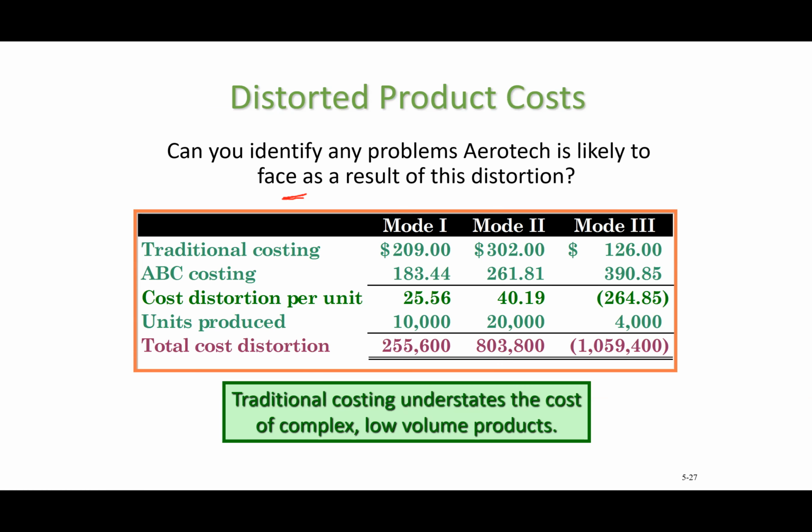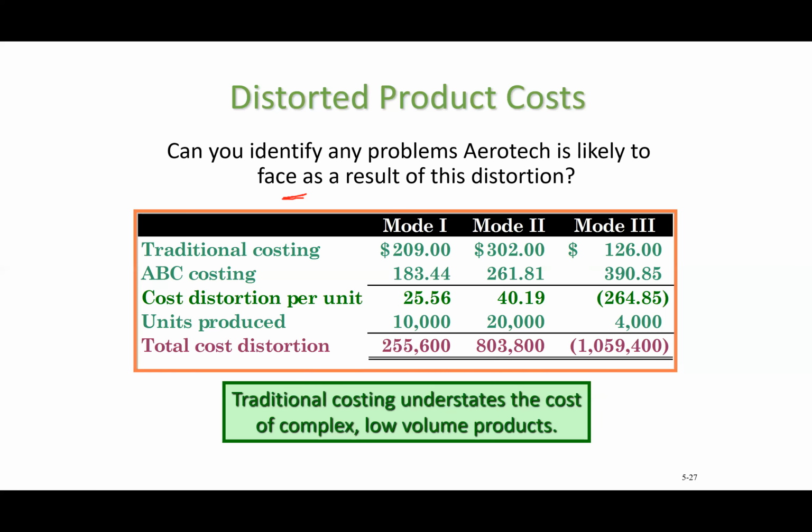And this is a cost distortion. They are different. The traditional costing clearly under-costs Model 3 compared to the ABC. And if we believe the ABC system is a more accurate one, closer to the truth, then traditional costing obviously under-costs Model 3.